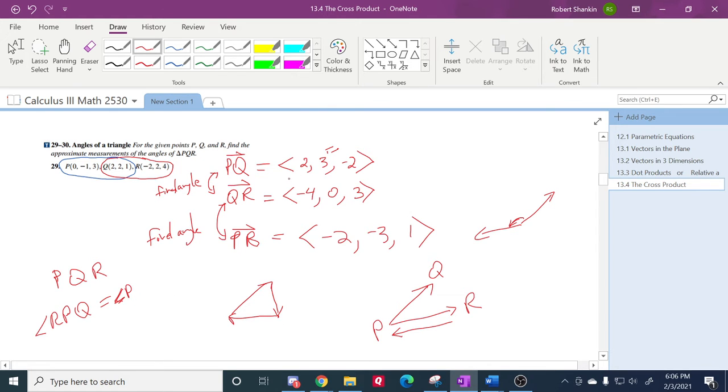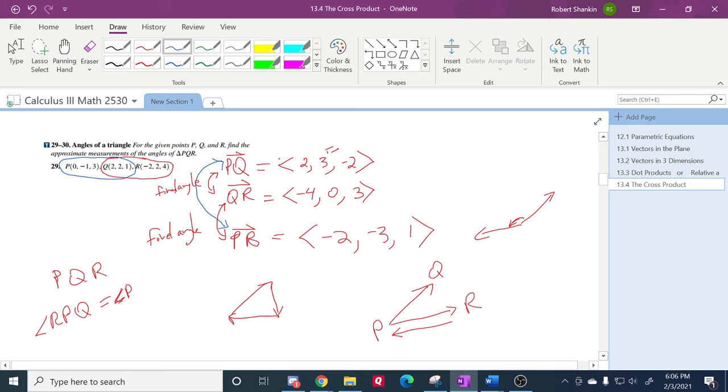So instead of the way that I was suggesting, grabbing them randomly, I would do something like these two, because we initiated both of those at P. And then you'll get angle P by doing that.